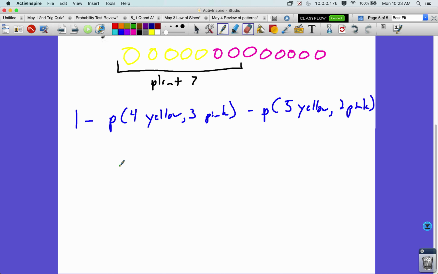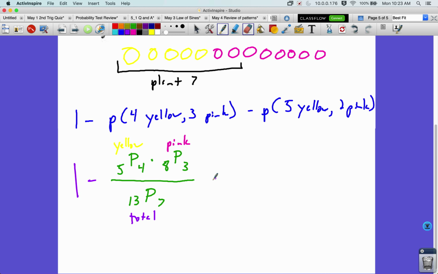So we can do 5 pick 4 for the number of ways to pick those 4 yellows, times 8 pick 3 for the pinks, divided by, together, 5 plus 8 is 13, so 13 pick 7. So that's for your yellow, that's for your pink, and that's for your total.